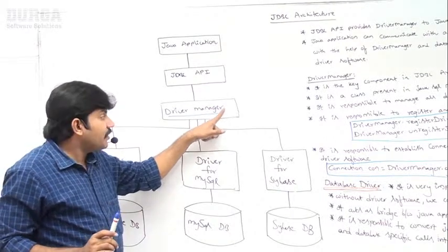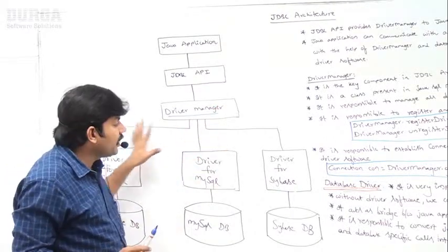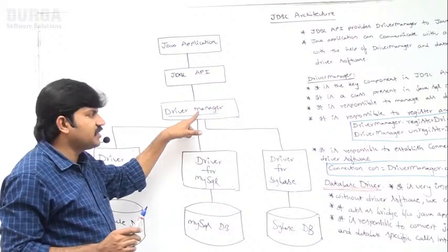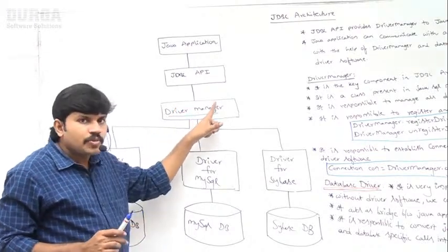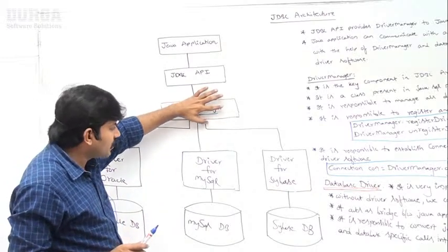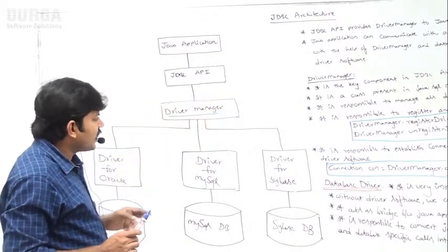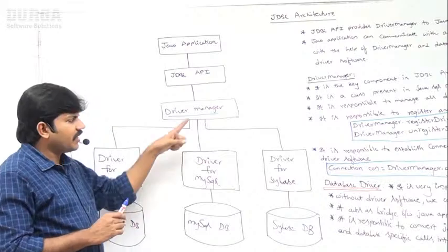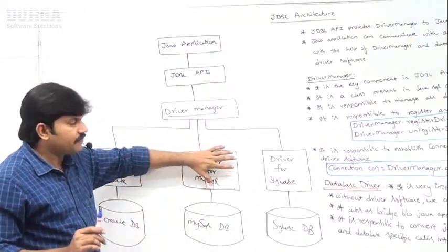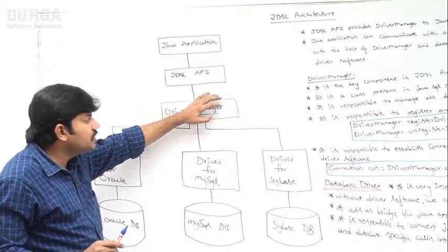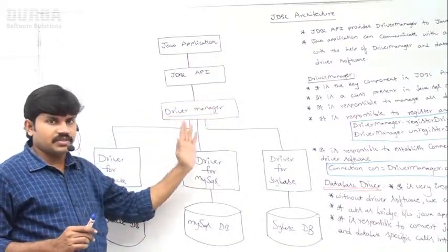Next, the driver manager is responsible for managing all drivers. The name itself indicates that, have you observed? Driver manager is responsible for managing all drivers. Are you getting it? Next, the driver manager can communicate with the database with the help of driver software. It is responsible to register and unregister drivers, like I covered already.